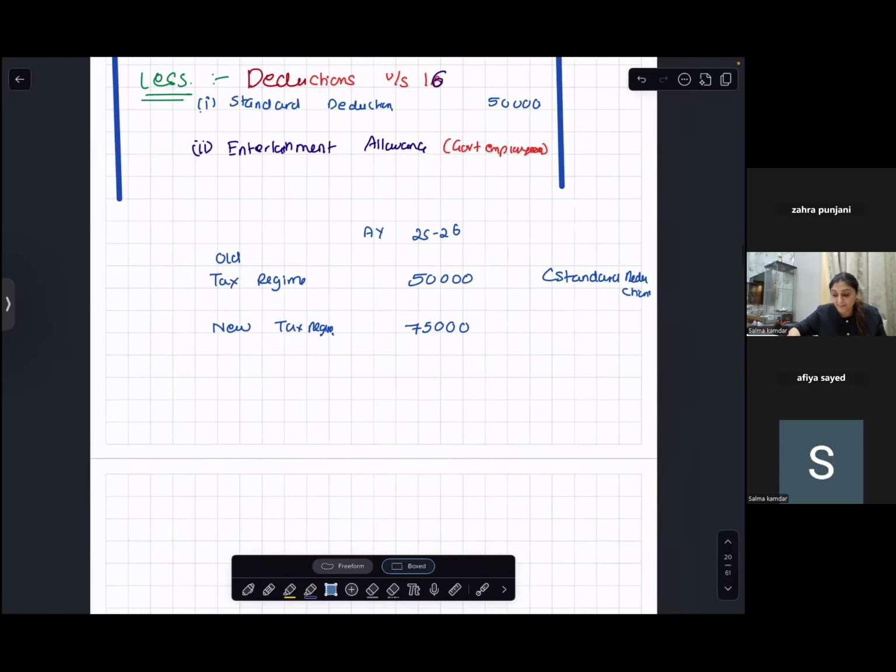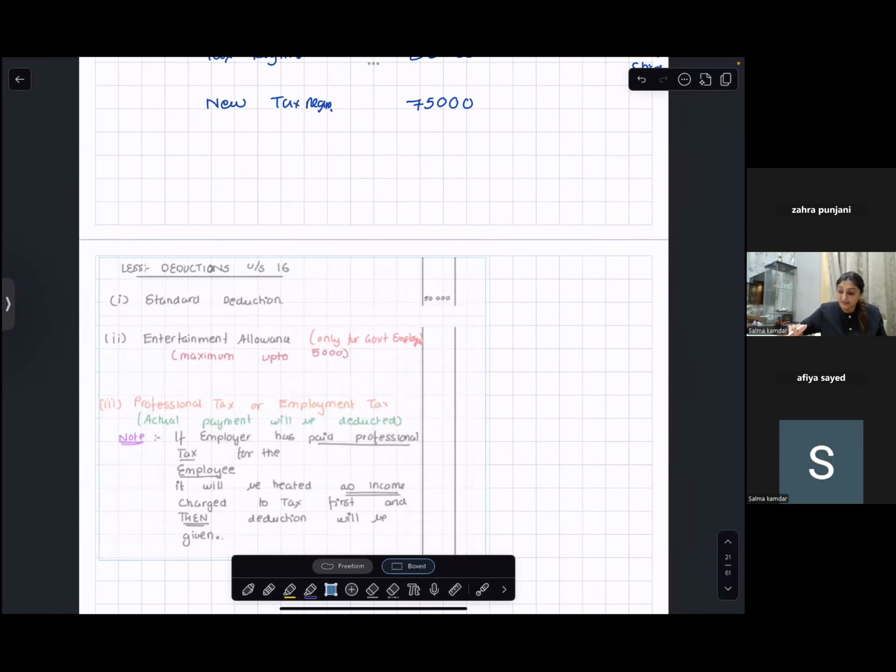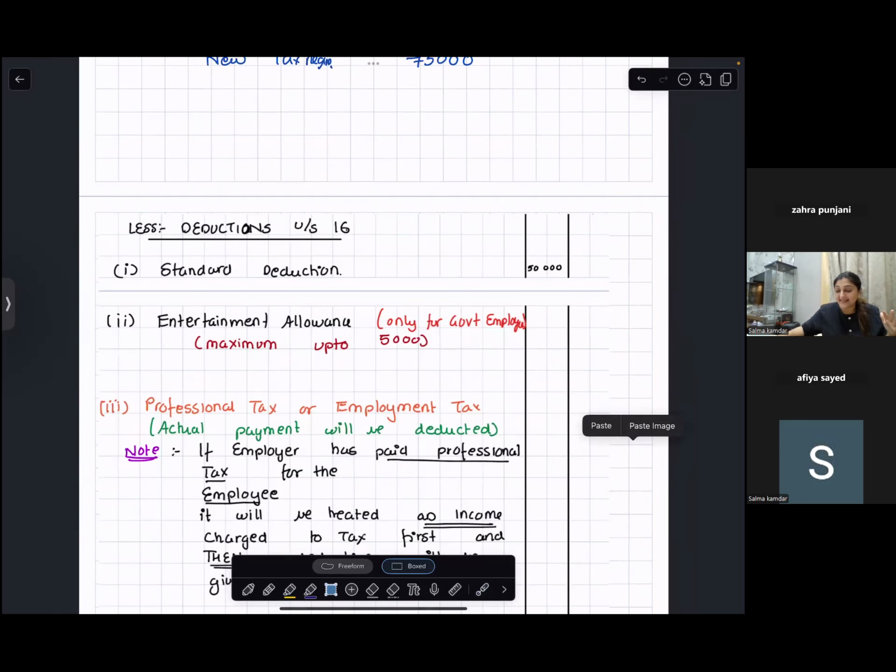Standard deduction is a part of the format. When I have income from salary, less deductions under section 16, you will write 1, 2, and 3: standard deduction, entertainment allowance, and professional tax. Are you with me? First deduction is standard deduction. Standard deduction would be 50,000 or 75,000 depending upon which tax regime my employee is opting for.